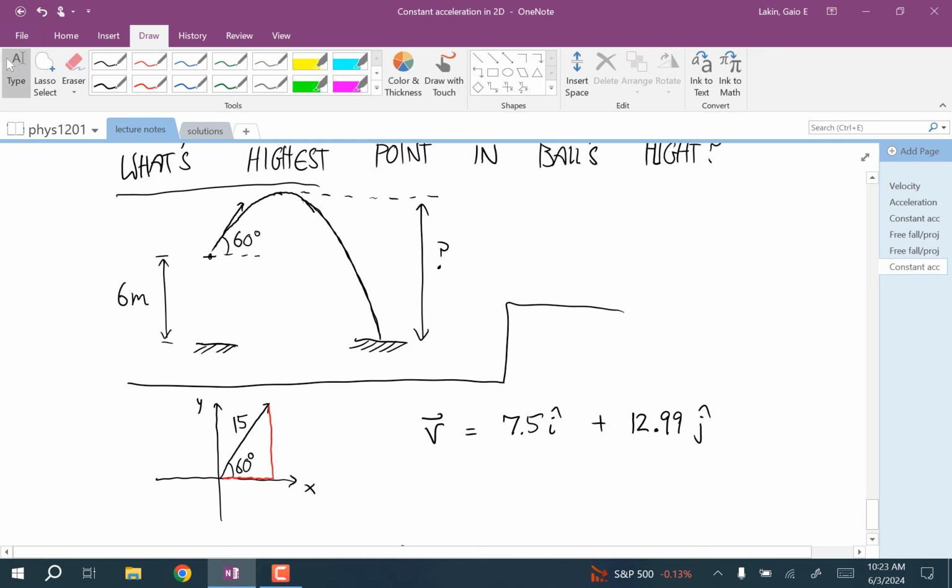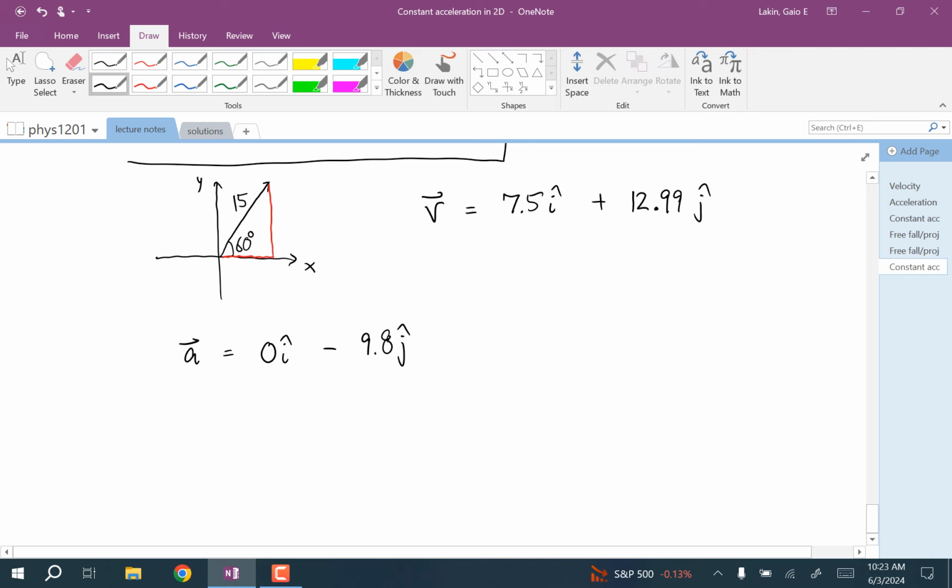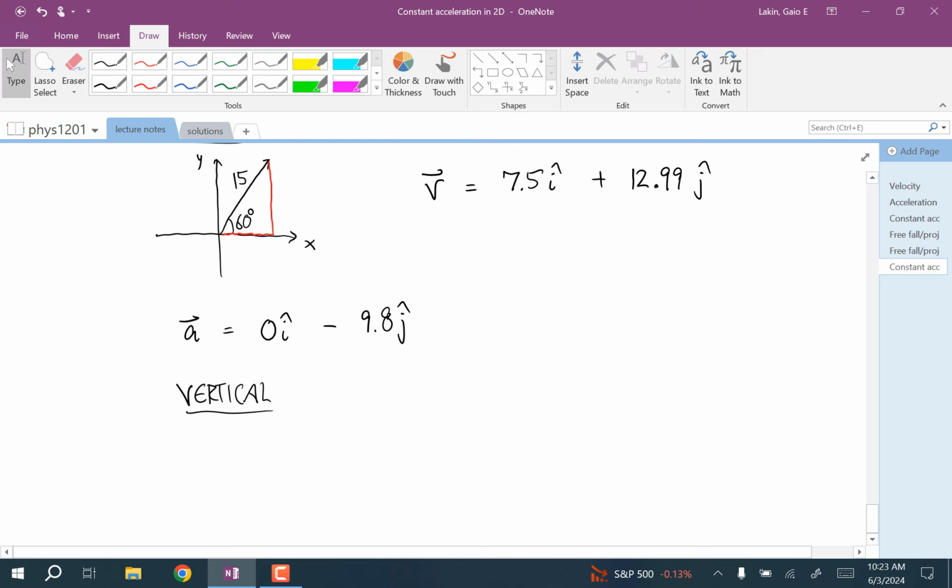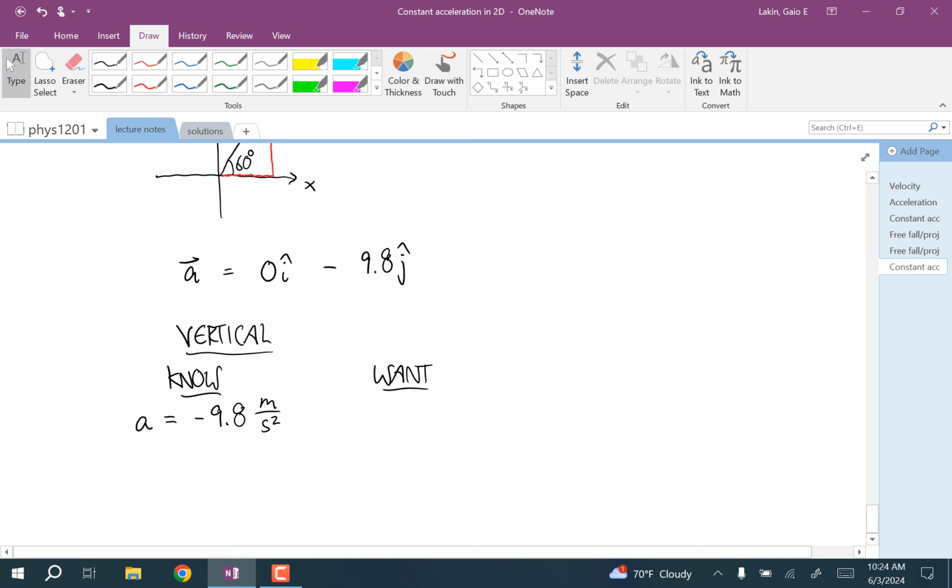Okay, so now what we want to calculate is the position at the highest point. And I'm going to use the vertical part of these vectors. We don't know how long it takes, but we're not asked for that, so I'm just going to leave that off. The acceleration in the vertical direction is negative 9.8 meters per second squared.